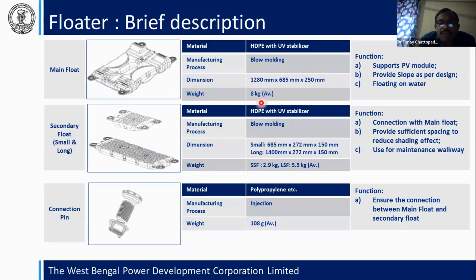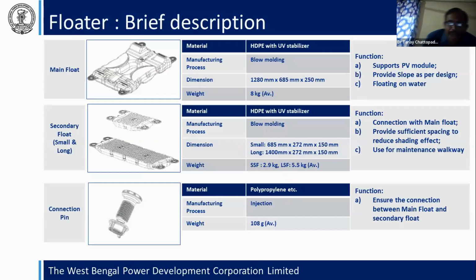The average weight is 8 kg, and this floats on the waters actually. And this is all made of polypropylene and HDPE material and UV resistant. UV stabilizer is there, also UV resistant, and it is less corrosive.